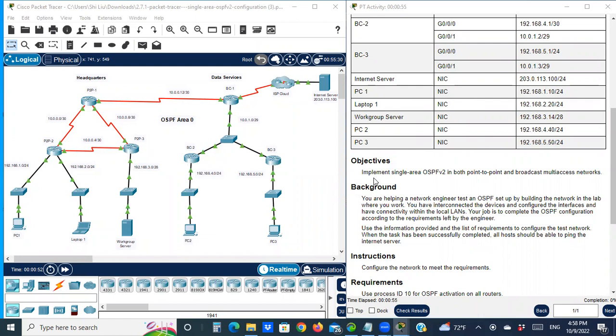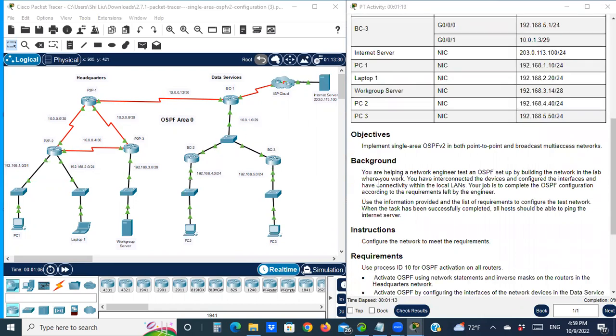Objectives: implement a single area OSPFv2 in both point-to-point and broadcast multi-access networks. This is the point-to-point networks, and this is the broadcast multi-access networks.